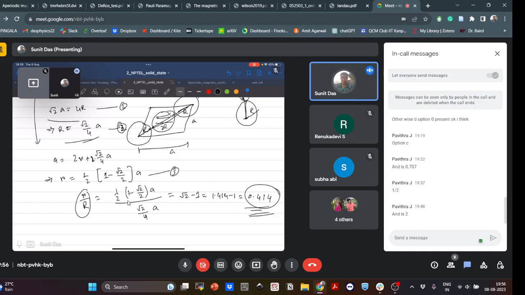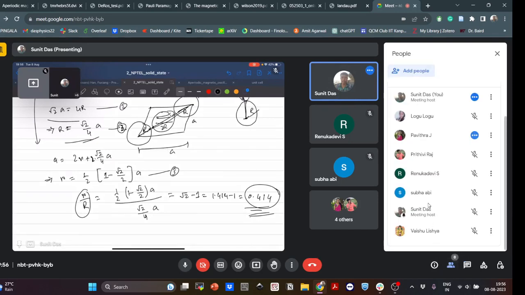Subha and 4 others are there. Sir, myself Pavitra, I'm an assistant professor from an engineering college. Okay, so all sorts of people are there.